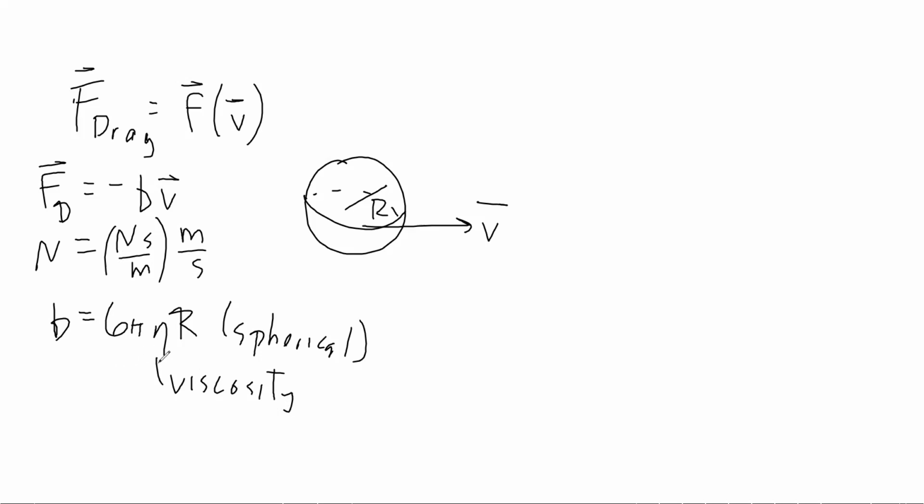Now, what are the units of viscosity? Well, same thing as for the units of B. If we plug in the units of B here, newton seconds per meter, 6 pi doesn't have any units. R is meters, and so you can divide by meters again on the right-hand side to get a square, and so we get that the units of viscosity are newton seconds per square meter.